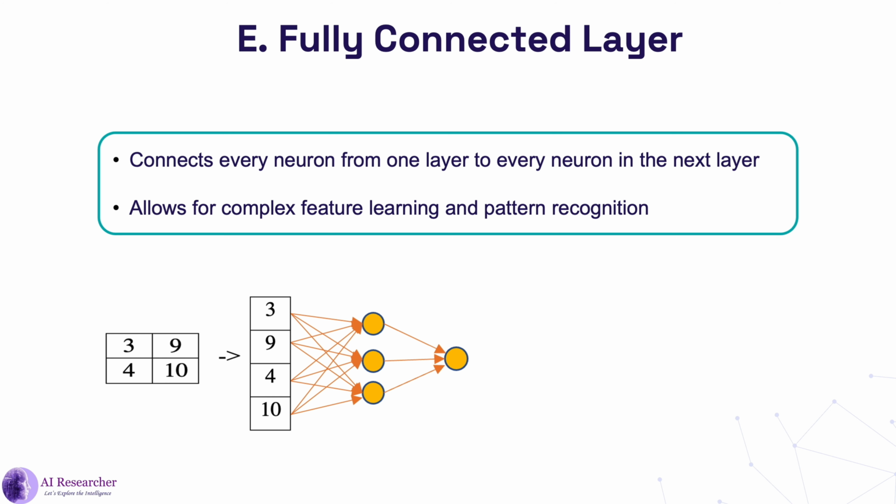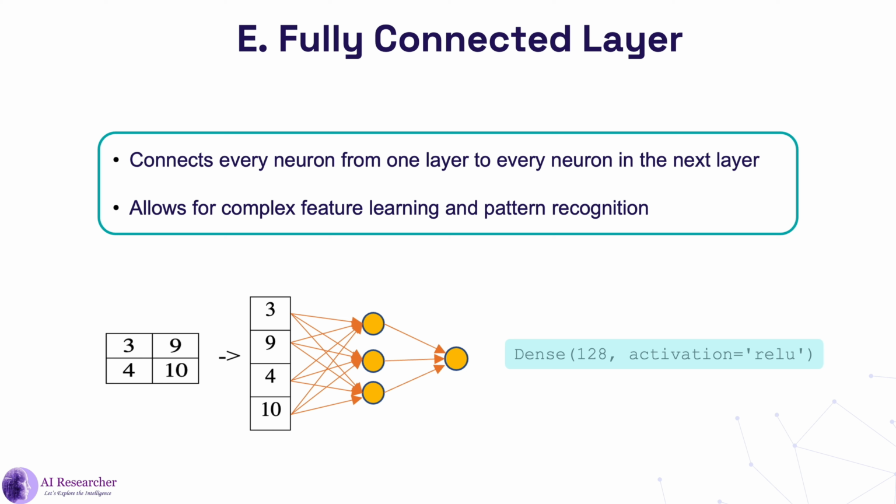This connection pattern allows the network to learn complex features or patterns from the input data for tasks like image recognition or natural language processing, etc. The function that we use to implement the fully connected layer is Dense; in brackets 128 is the size of the layer, and the activation function you can pass like ReLU or softmax. This activation function, as I mentioned before, helps to introduce nonlinearity into the model, which allows it to learn more complex patterns.